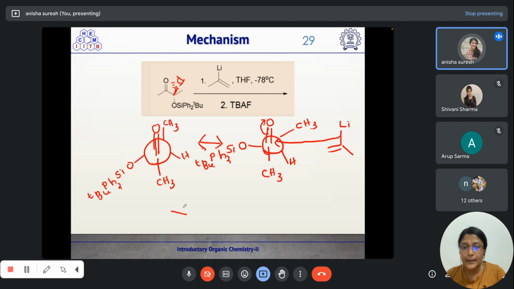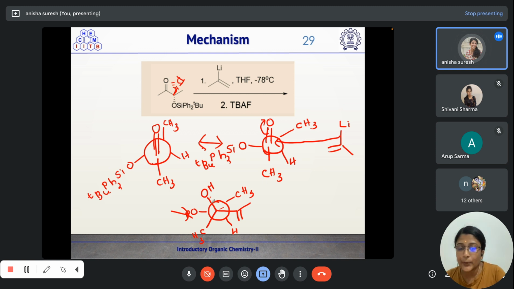So we can write O, this will be OH, CH3. The back carbon we will draw as it is, H, CH3, and this can be written as OR, where R is that bulky group protecting this.